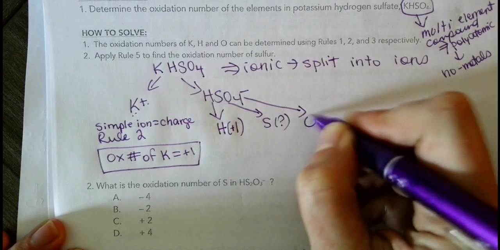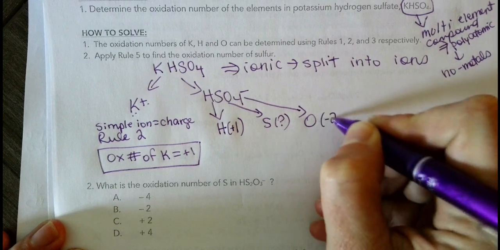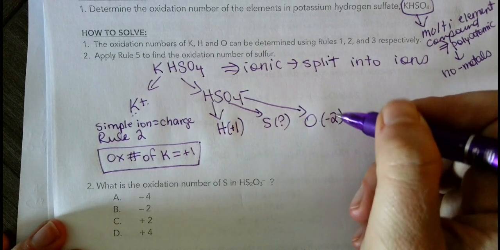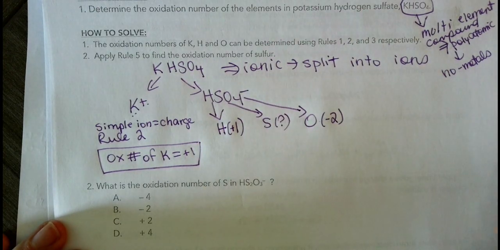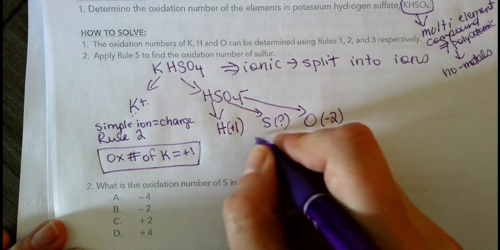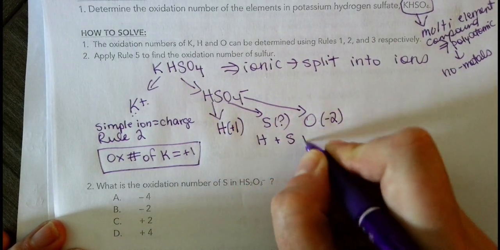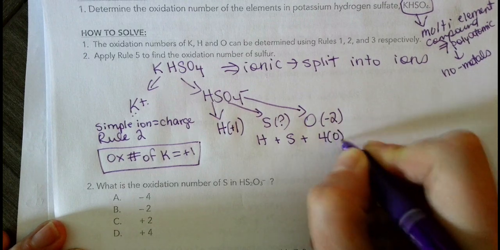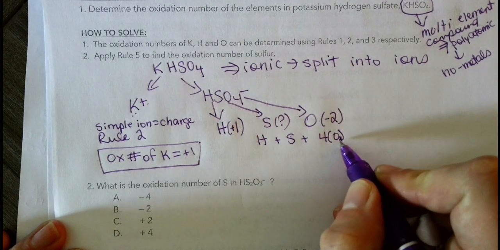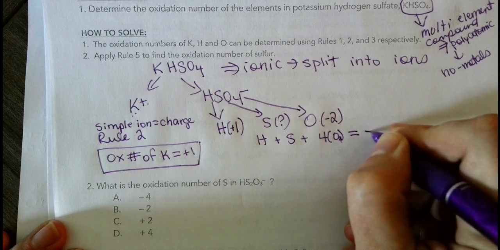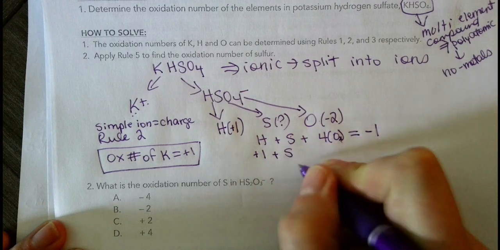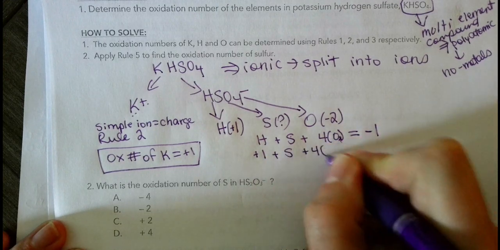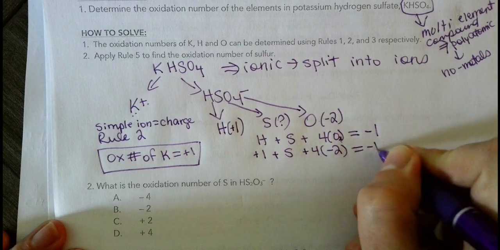Finally, there's a rule about oxygen, and he is always -2, unless it's a hydrogen peroxide or OF2, neither of which is here. So when I set this up, I have hydrogen plus sulfur plus 4 oxygen, and once again, O looks like a 0. This is going to be equal to a 1 minus. So you have 1 plus sulfur plus 4 times -2, all equal to 1 minus.